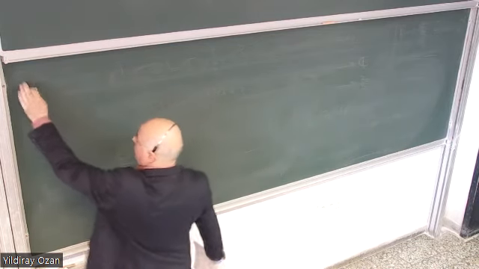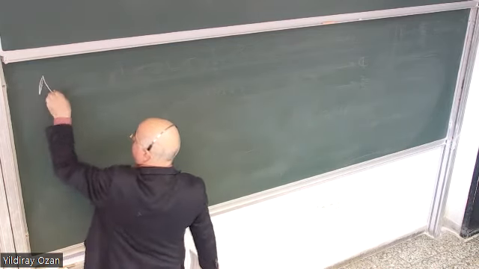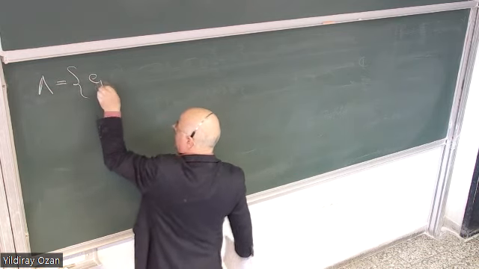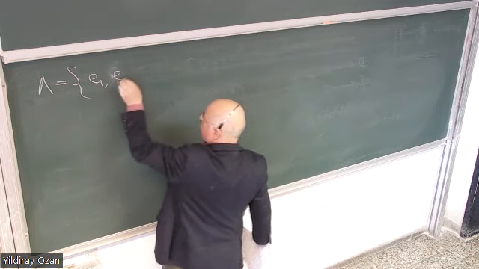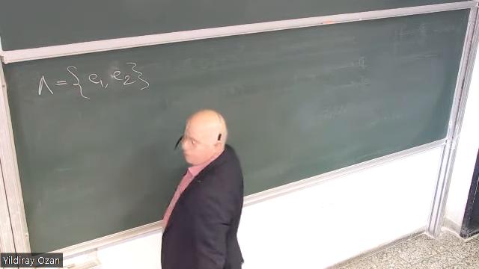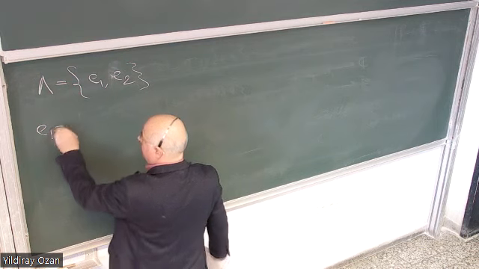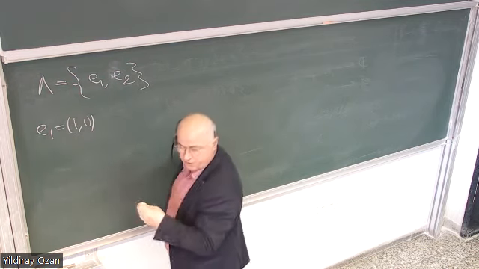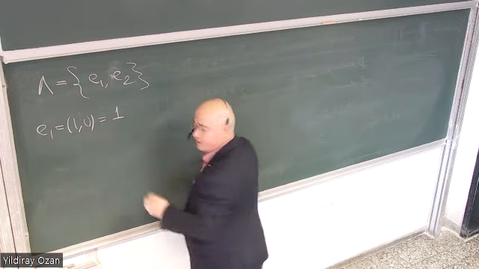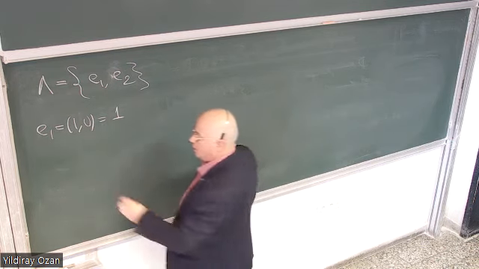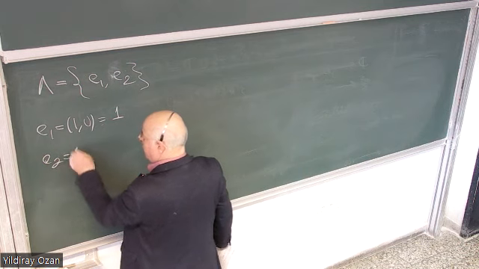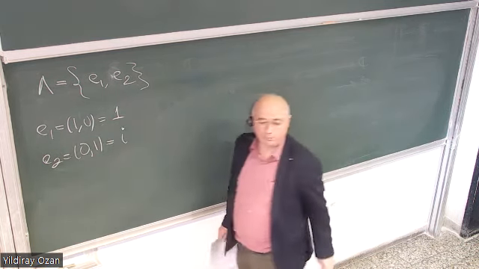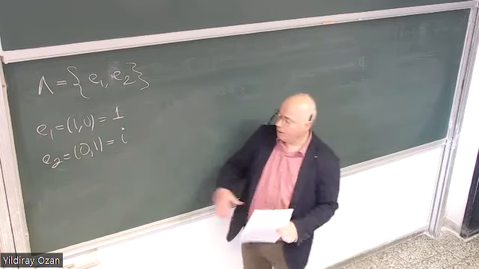Let's do some example. Let's say this is just generated by E1 and E2. E1 is just this vector, 1, 0, but as a complex vector, this is just the complex number 1. E2 is just 0, 1, and as a complex number, it is just i.